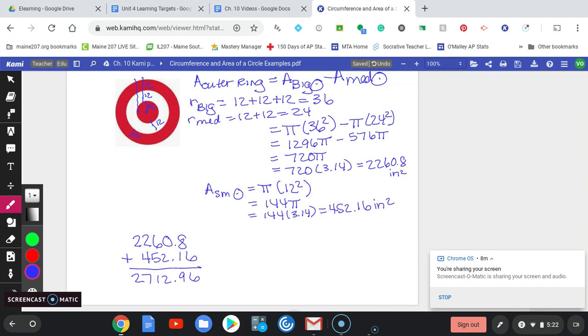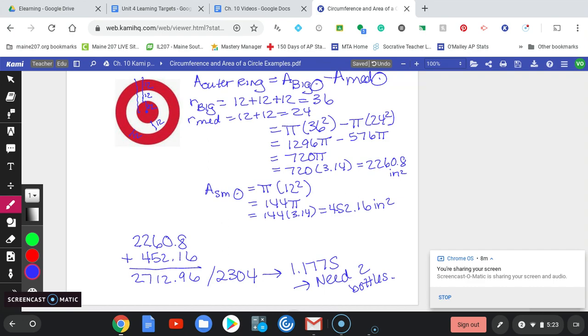So for the number of bottles that I'm going to need, if each one does 2,304, if I divide, that tells me that I need 1.1775 bottles. The question is actually not exactly how much paint we're going to need. It's how many bottles do we need to buy. So since I need more than one bottle, I need to buy 2.